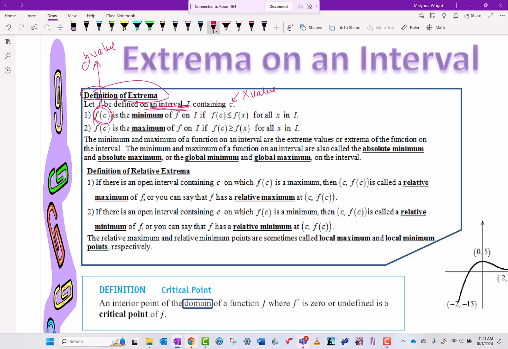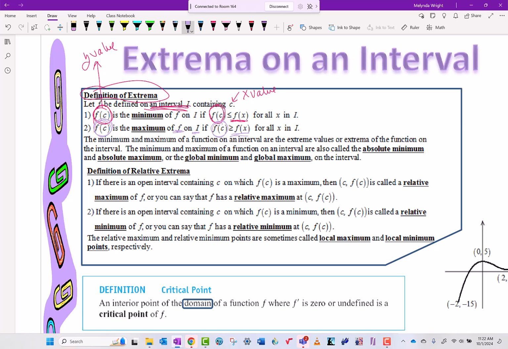The y value is the minimum of the function on the interval if that y value is the very smallest y value on the interval, which kind of makes sense, right? Then this y value is a maximum of the function on the interval if that y value is the very biggest y value on the interval.